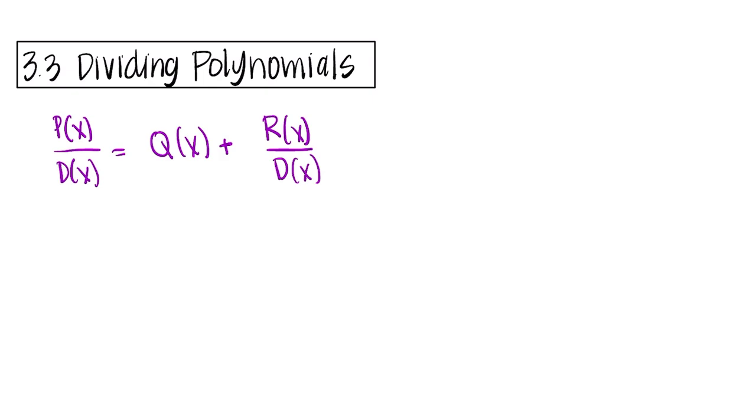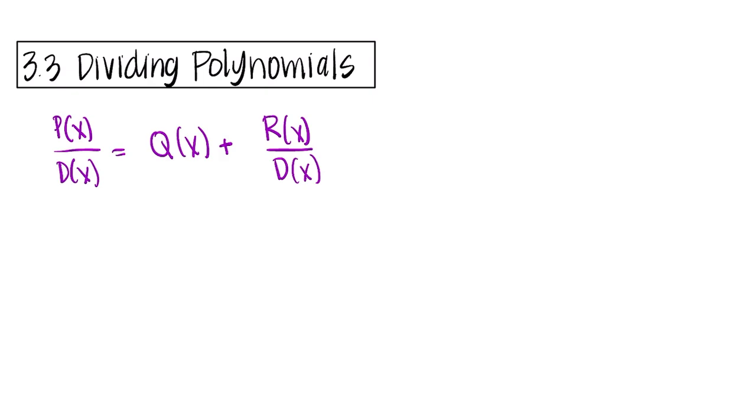So this is kind of like if I take something like 10 divided by 7, I can say it goes in there one time with 3/10 left over, same kind of thing.